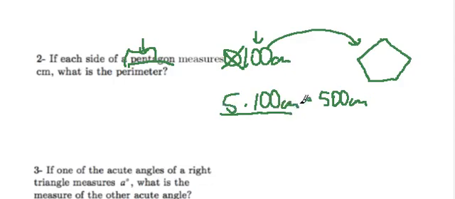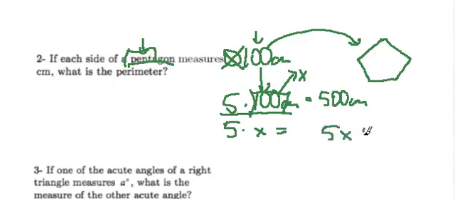Because once you've written it out, you can see that this 100 showing up in my written out math is my made up number. That means that if I go back and replace that with x, I'll have my answer. 5 times x is my perimeter if each side is x centimeters. 5x centimeters is my perimeter, just like that.